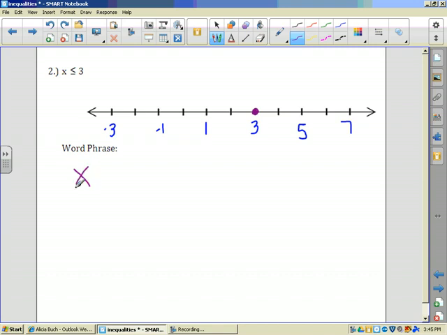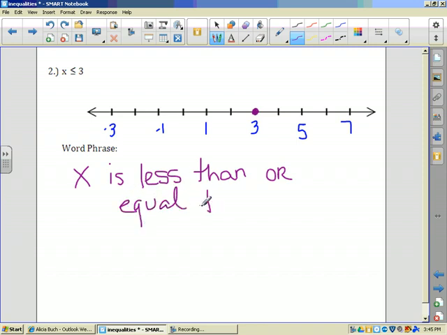And once again, if we translate what this means, x is less than or equal to 3. So there's that or idea. It's either going to be 3 or it's going to be less than 3.